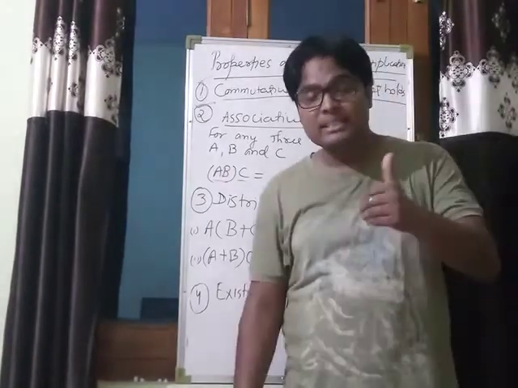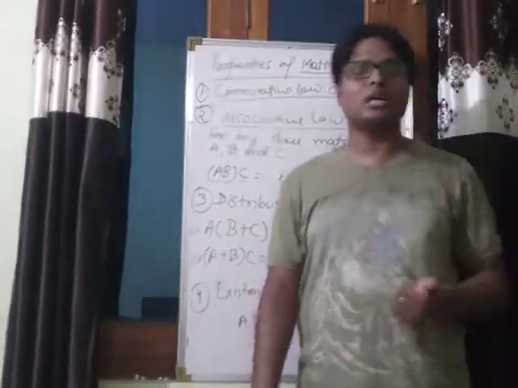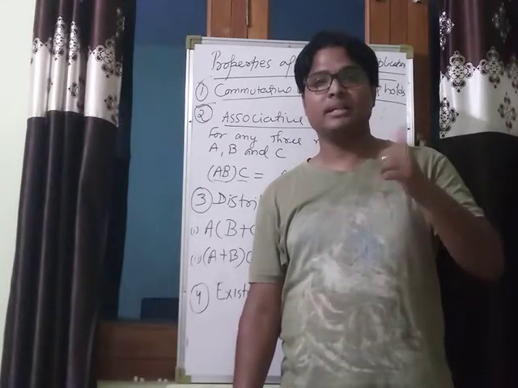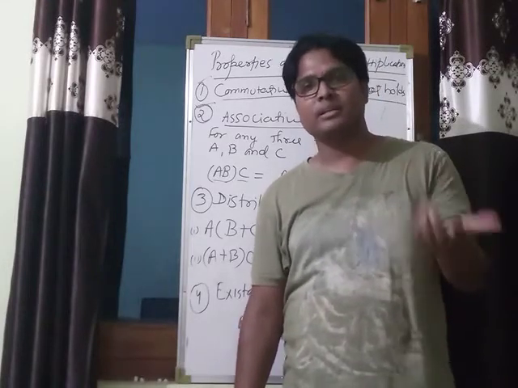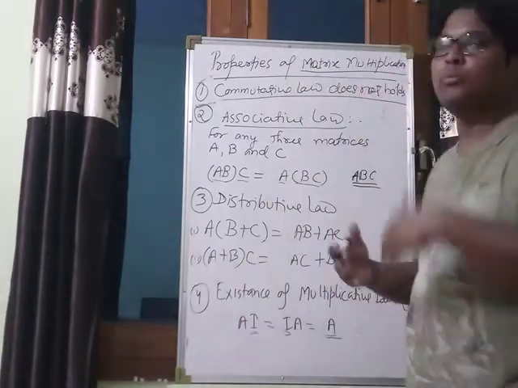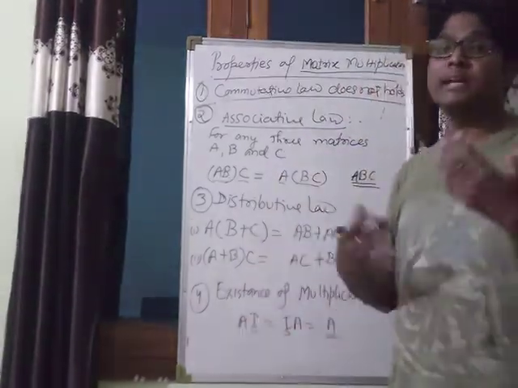The identity matrix we had read in our last lecture is the multiplicative identity for the matrices. I am going to explain all this one by one by giving you an example.